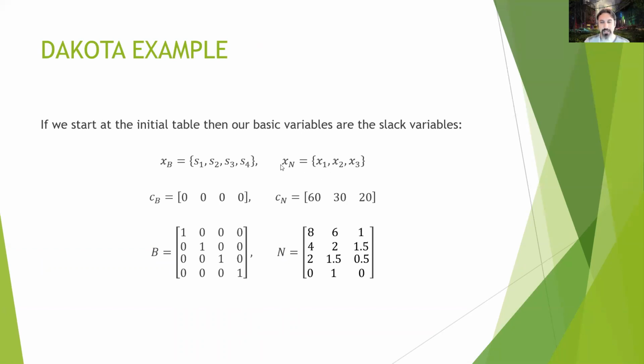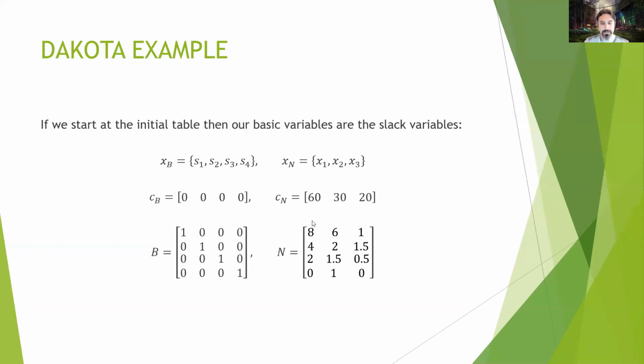We can say that x1, x3, and x2, non-basic variables can be shuffled like that. We can shuffle the basic variables as well. It's up to us. But if we shuffle these variables, x1, x3, and x2, for example, then we have to shuffle Cn and N in the same order as well. So Cn is going to be 60, 20, and 30.